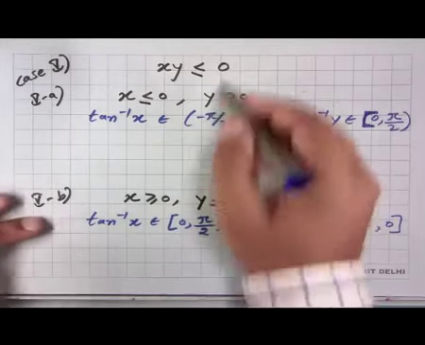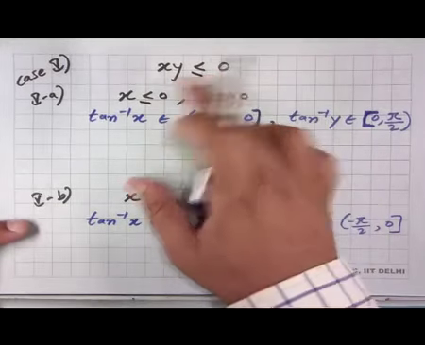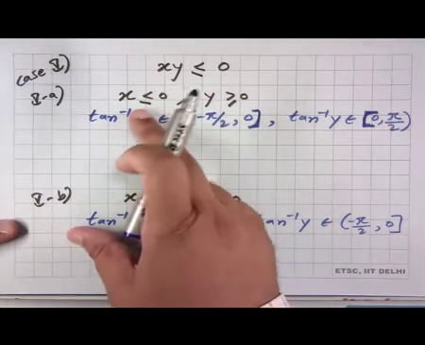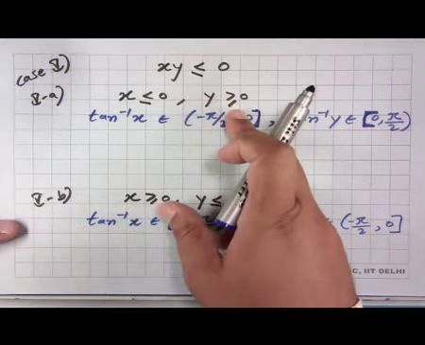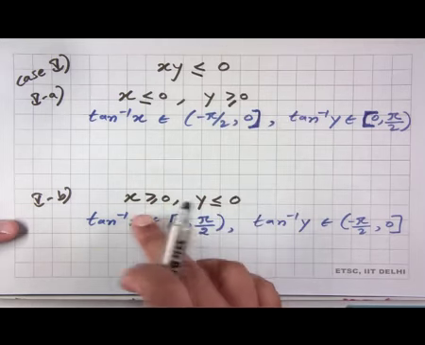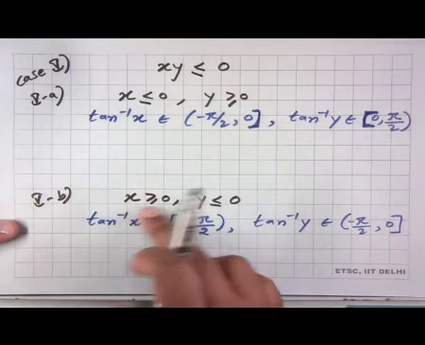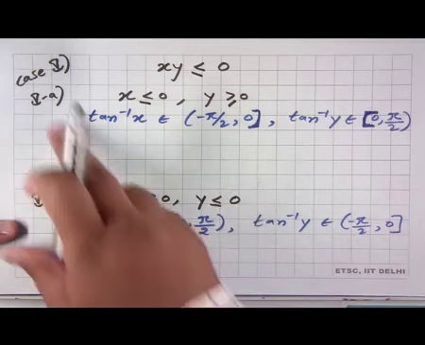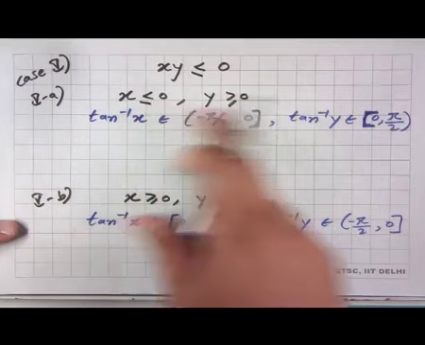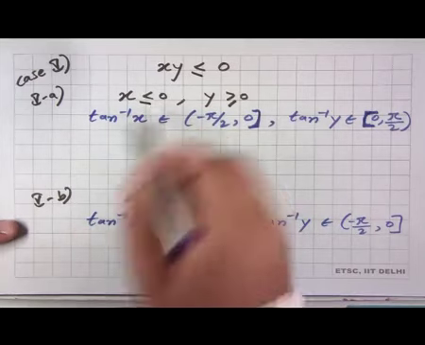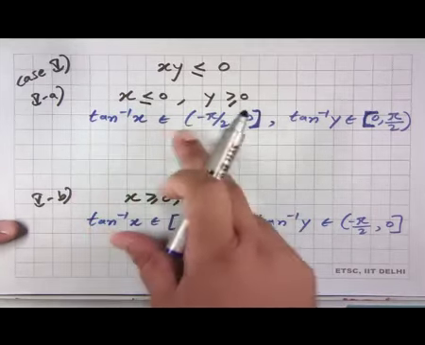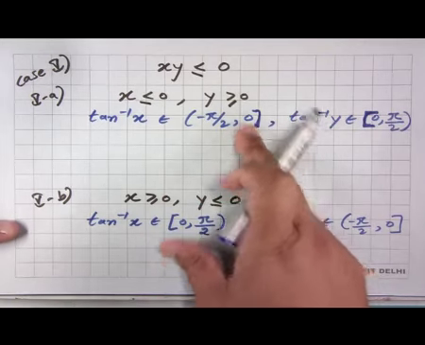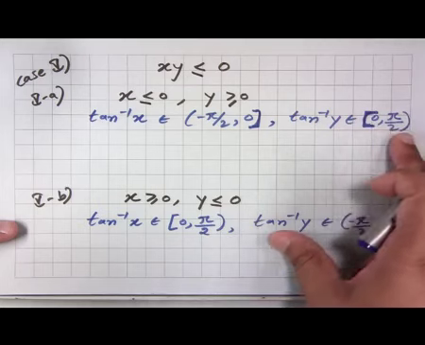This is quite easy, because when xy is non-positive, one case is that x is less than or equal to 0 and y is greater than or equal to 0. The other is the opposite: x is greater than or equal to 0 but y is less than or equal to 0. So for case 5a, because x is less than or equal to 0, tan inverse x will belong to the interval minus pi by 2 to 0, and tan inverse y will belong to 0 to pi by 2.